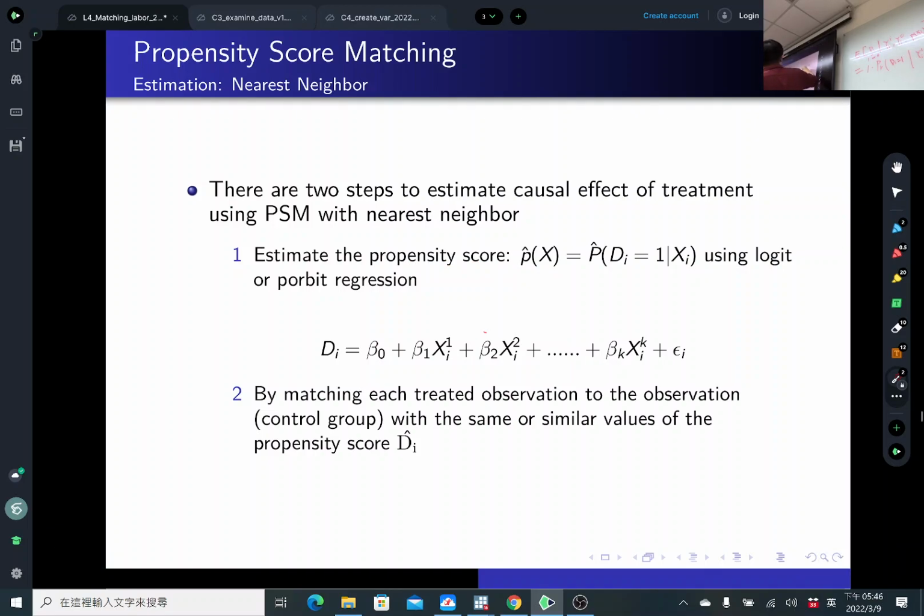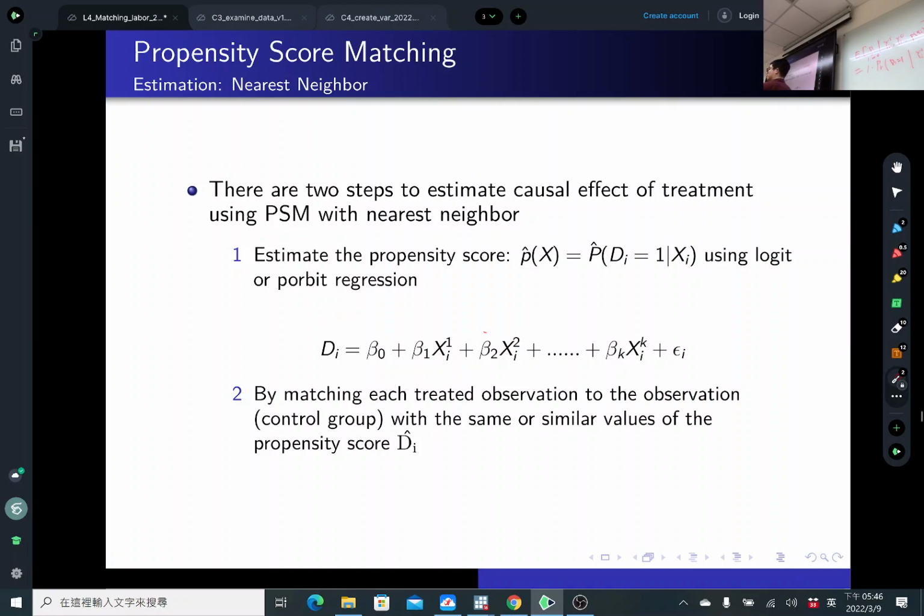You use k variables to predict the probability of getting treatment for a specific individual i. Basically, you run a logit or probit regression, where 1 means you get treatment and 0 means you do not.